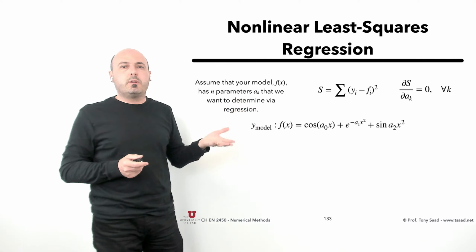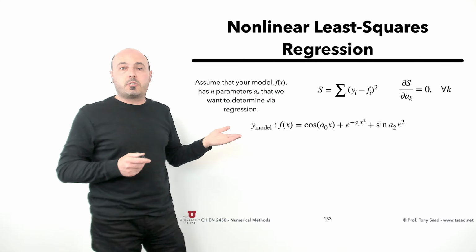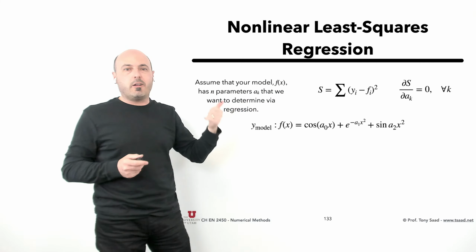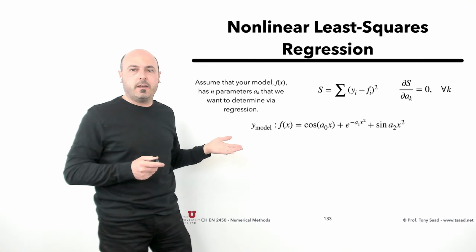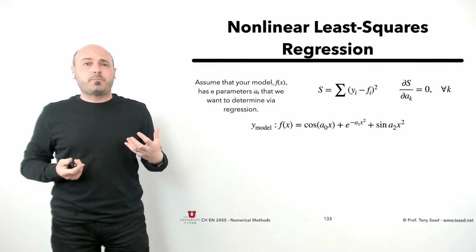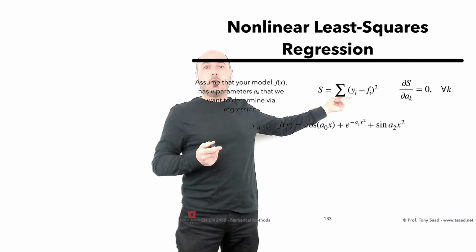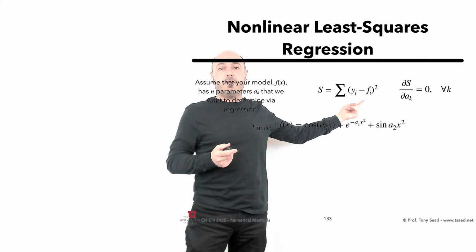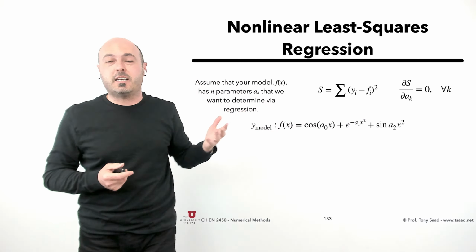In general, assume that your model F has n parameters, a_k, so a1, a2, all the way to an. Now, the idea of regression is the same. You still want to minimize this sum, which is the difference between the observed y values and the y values of your model applied at the measured x values.